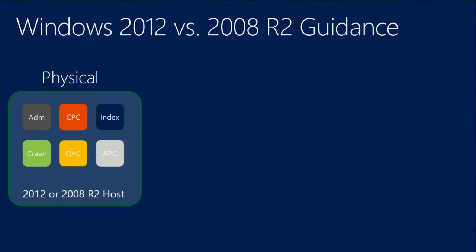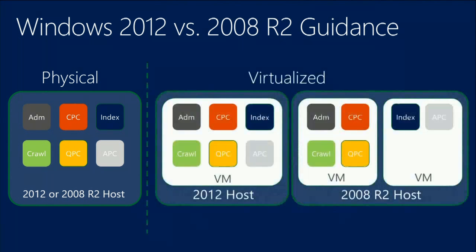Related to physical and related to Windows 2012 and 2008, if you run directly on a physical host, which you of course can, and it's supported, there's no difference between running within 2012 or 2008. But if you go virtualized, 2008 has a limit on how many CPUs you can assign to a virtual image.